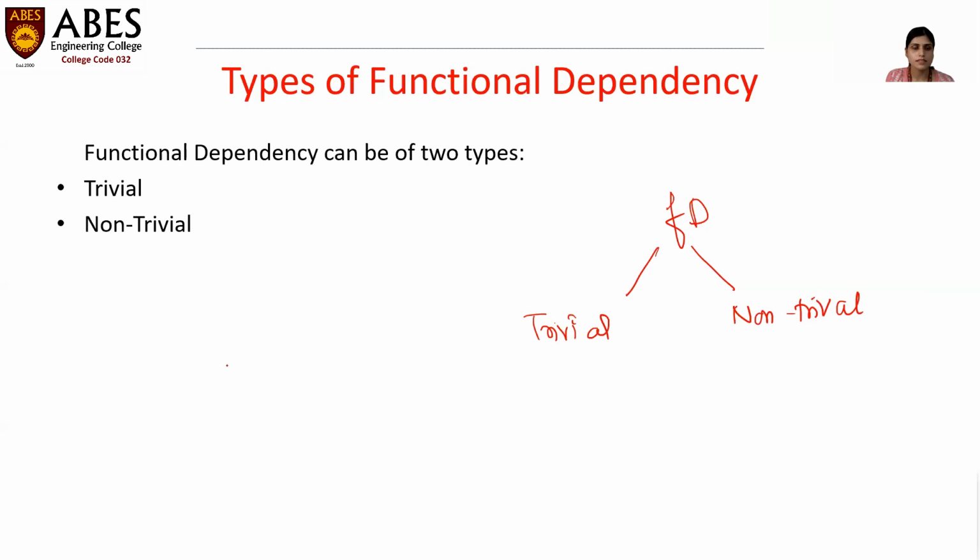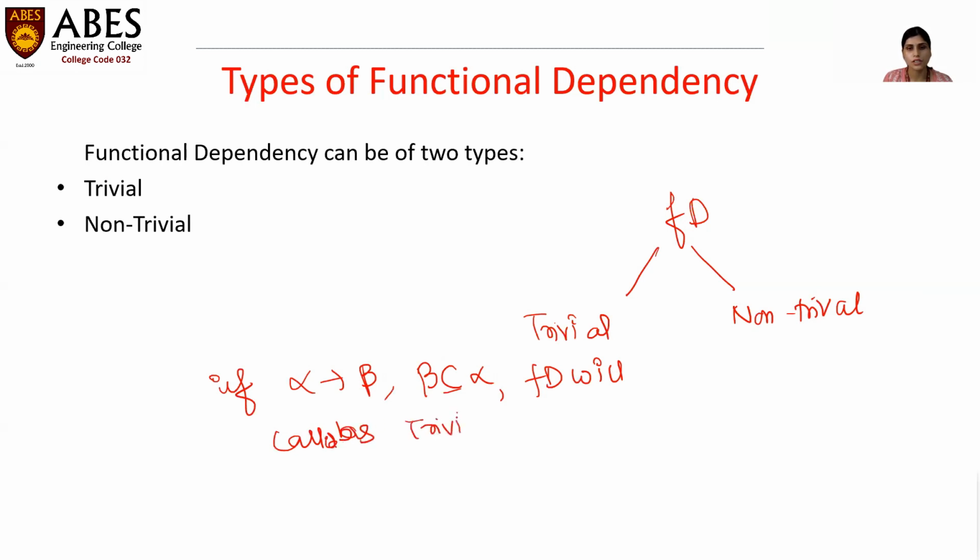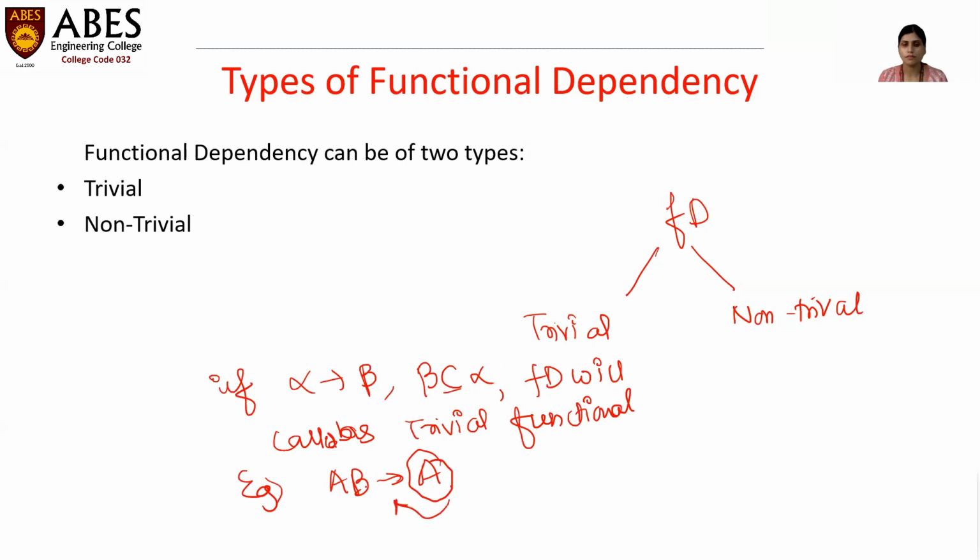Trivial functional dependency says that if there is a functional dependency from alpha to beta, and if beta is a subset of alpha, then this kind of FD will be called a trivial functional dependency. Like for example, there is a functional dependency from AB to A, you can clearly see that A is a subset of AB. So this kind of functional dependency is called a trivial functional dependency.